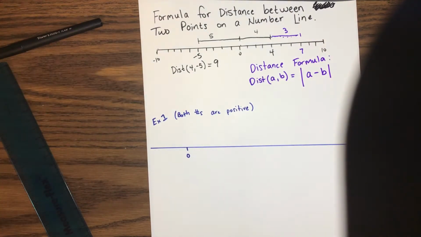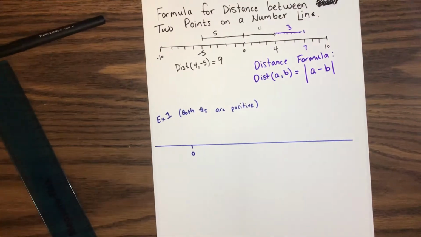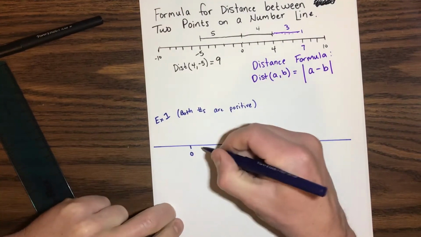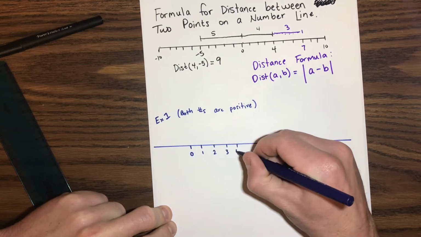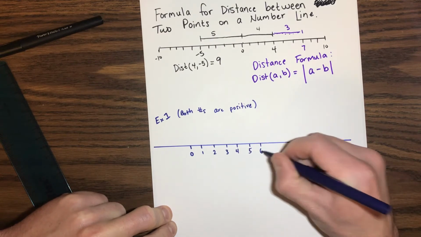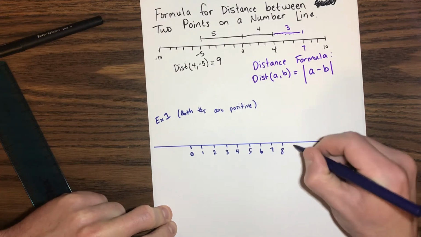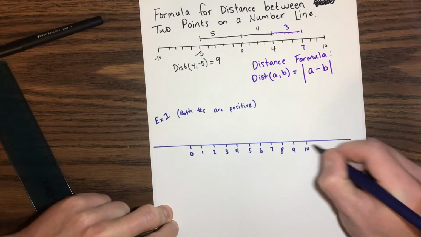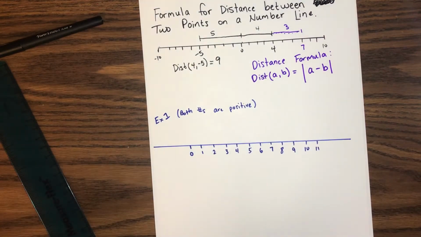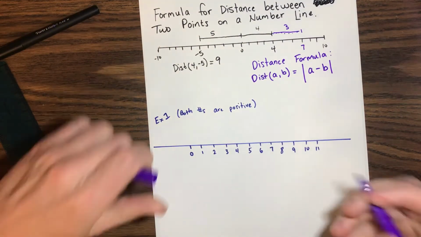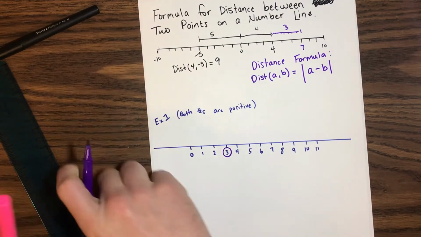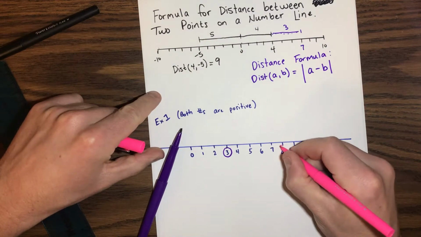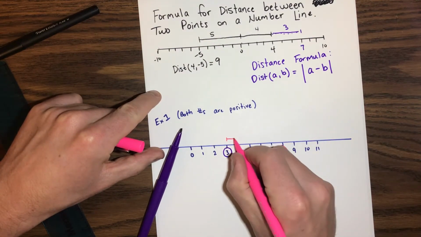Why is that part of the screen blocked? Oh, there we go. All right, so it'll be 1, 2, 3, 4, 5, 6, 7, 8, 9, 10, 11. That's good enough. And now let's say we wanted to find the distance between, how about 3, and I'll use a different color, 3 and 8.